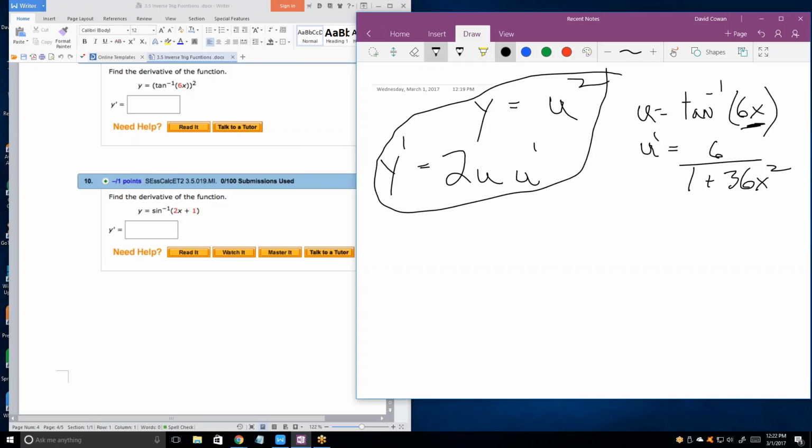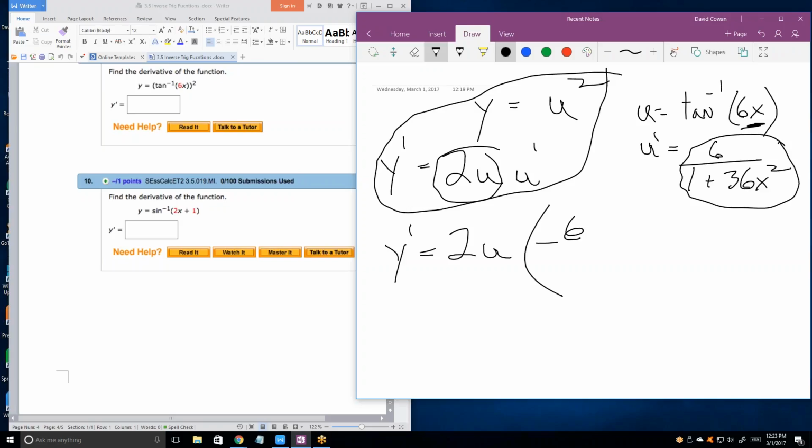So the very first thing we need to do is take the derivative of the outside, which is 2 times u to the 1. And that's how I got that. Now I have to multiply it by the derivative of the inside, and that is that. So y prime becomes, I'll leave it in u for a moment, 2u times 6 over 1 plus 36x squared. But then we got to go back in, substitute for u.